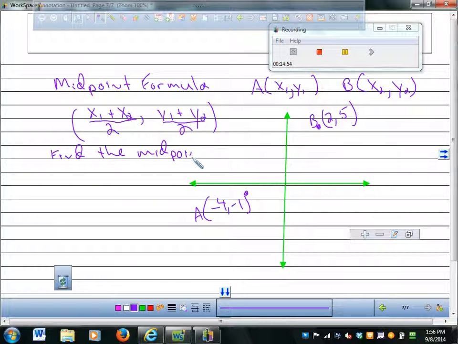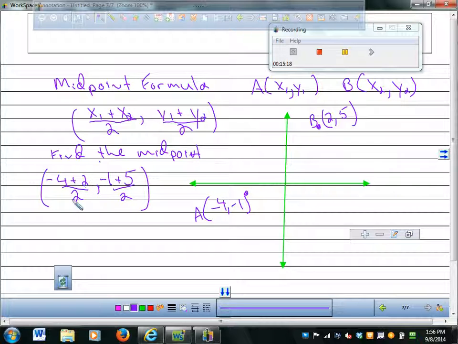So all this says is I just add together my x's. So I'd have -4 plus 2 divided by 2, comma, negative 1 plus 5 divided by 2. And if I do that, what's negative 4 plus 2?